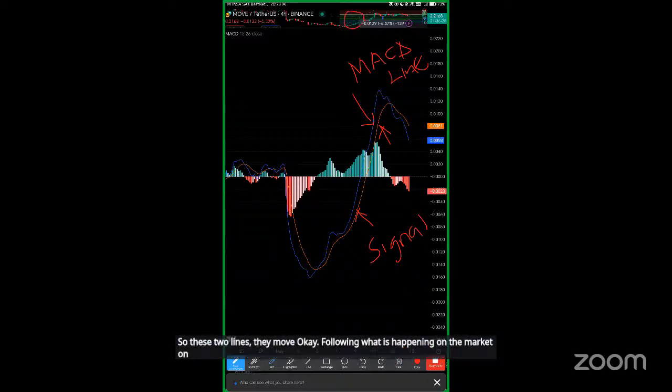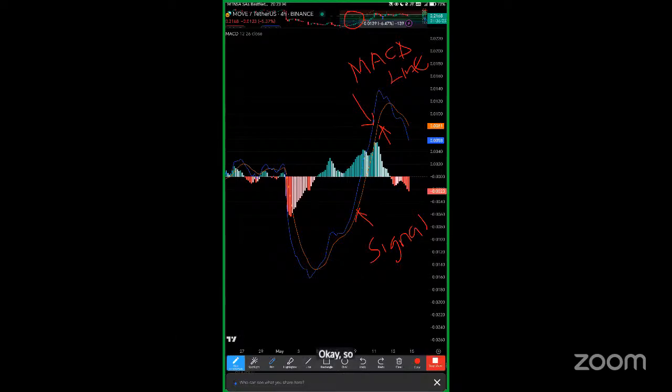I have pushed the candles to the top, okay? So these two lines move in correspondence to this market over here, right?